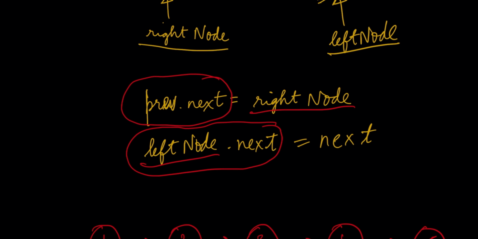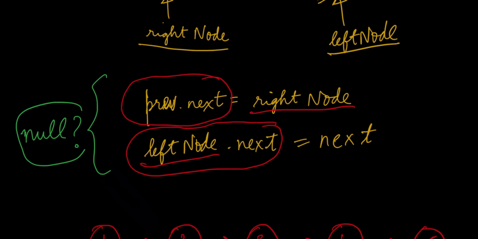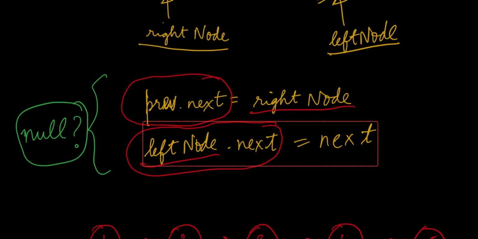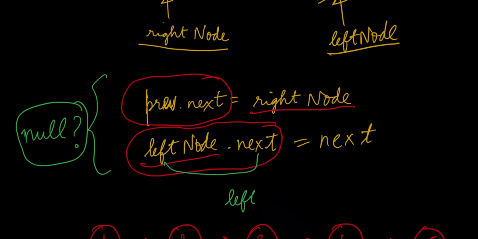Now you might be wondering, what if I get a null pointer exception? Can I get a null pointer exception here? With left.next, I cannot get a null pointer exception because left is greater than or equal to 1, left is less than or equal to right, and right is less than or equal to n.